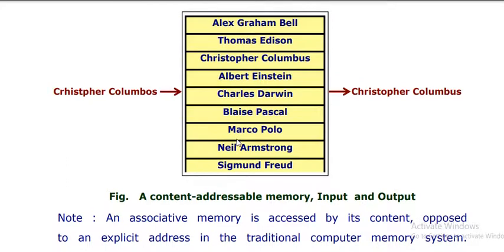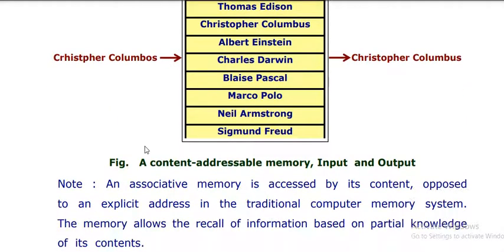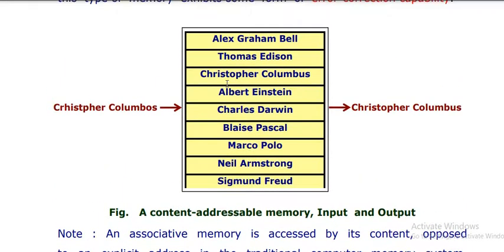In this figure, we can see that we are giving an input, Christopher Columbus, BOS. Then we trigger it in a memory. This is called associative memory. There are some names, and the auto-associative memory will find what is associated with this name.